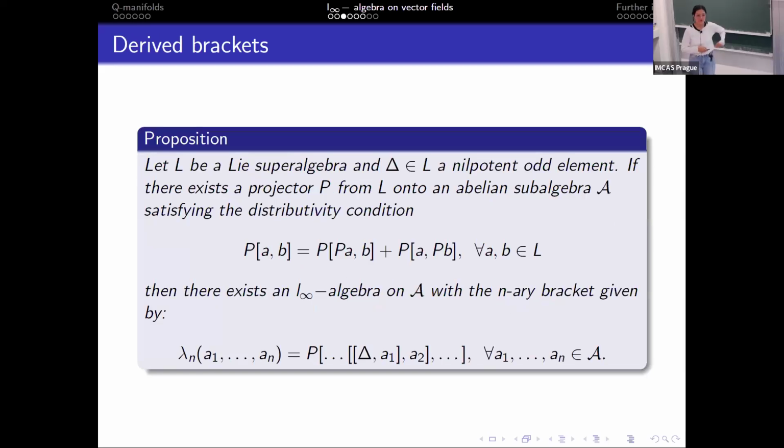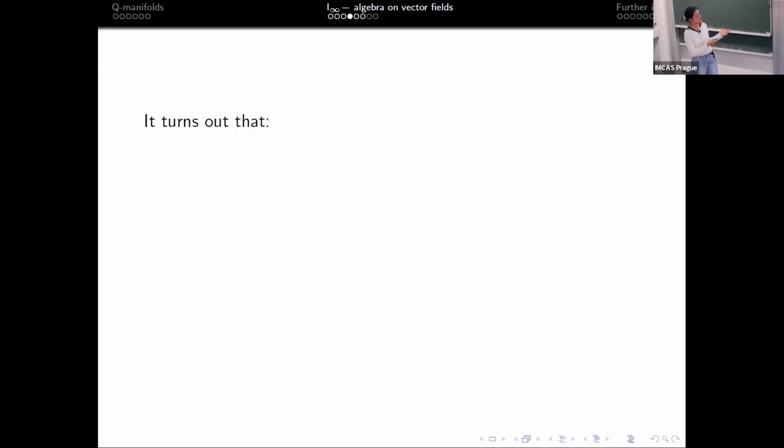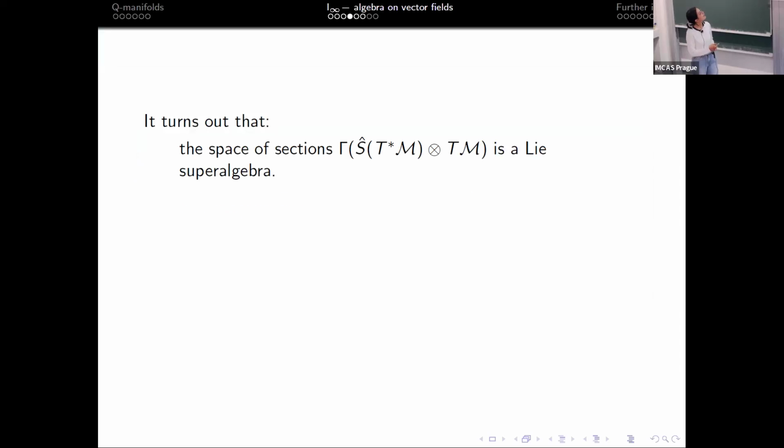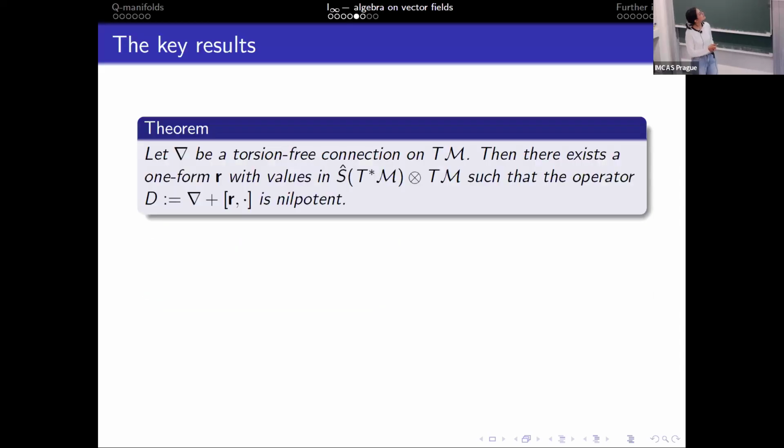Okay, so as I was mentioned before, I would like to apply the derived brackets construction. So I need to obtain this nilpotent element in the sections of this bundle.